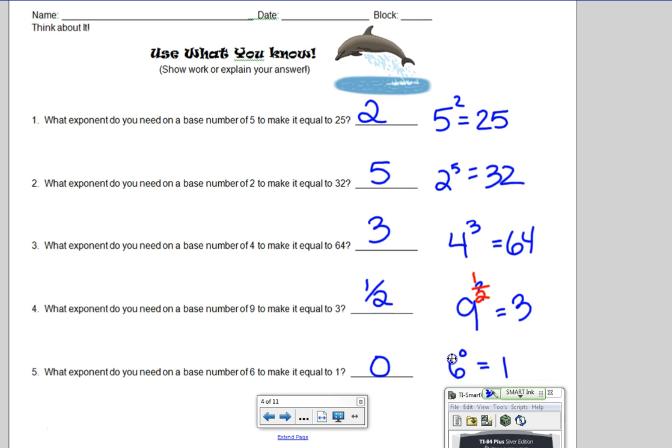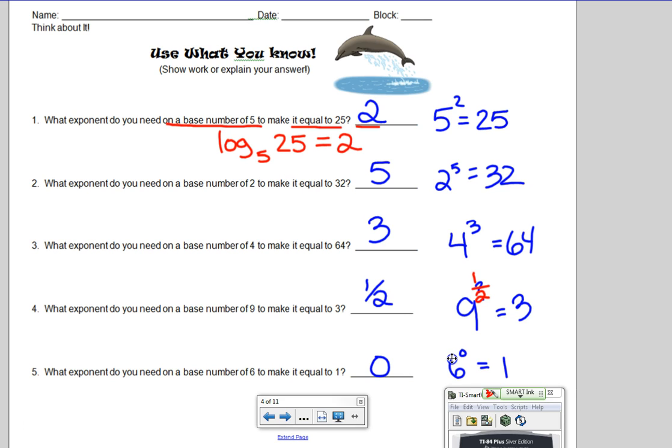So I'm going to go back to question number 1. The question was, the base number is 5, you want to make it equal to 25, and the answer is 2. So we would write that like this. The log base 5 to make that be a 25, the exponent is 2.